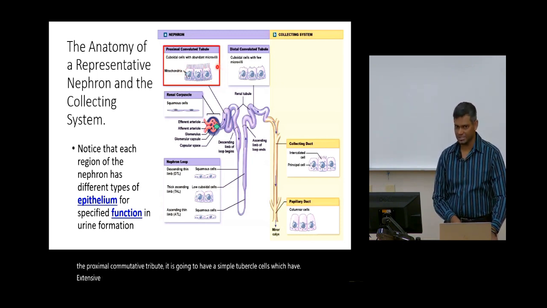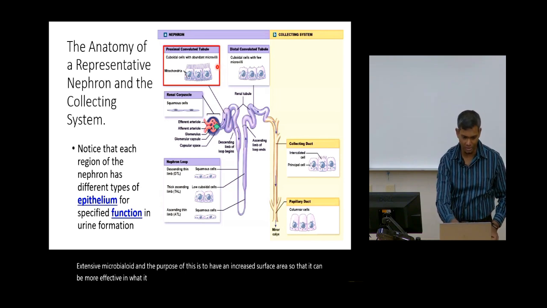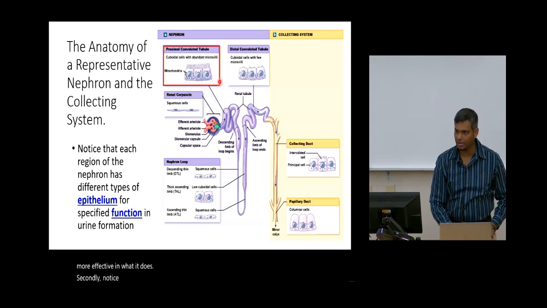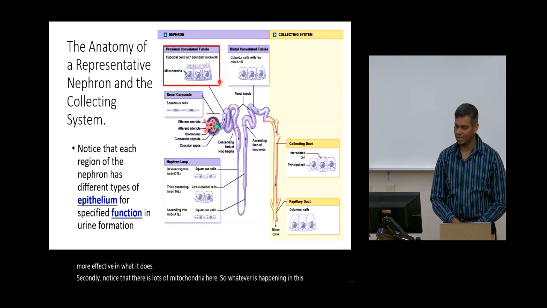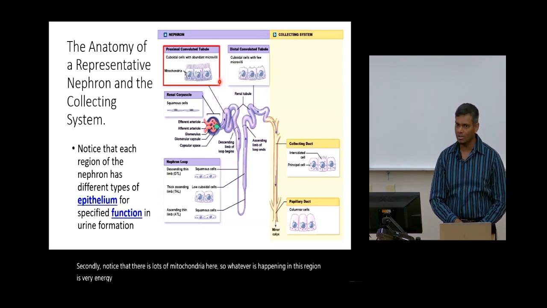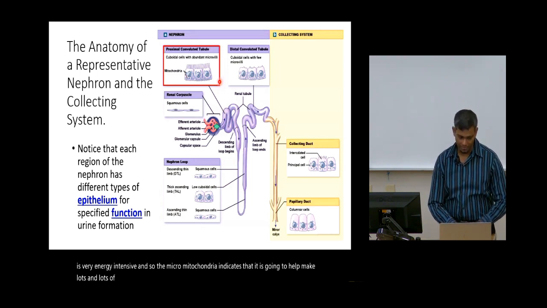And the purpose of this is to have increased surface area so that it can be more effective in what it does. Secondly, notice that there is lots of mitochondria here. So whatever is happening in this region is very energy intensive, and so the mitochondria indicates that it's going to help make lots and lots of ATP aerobically.